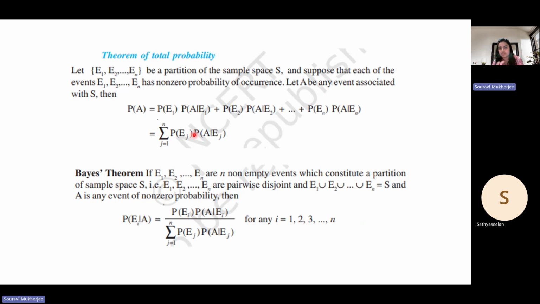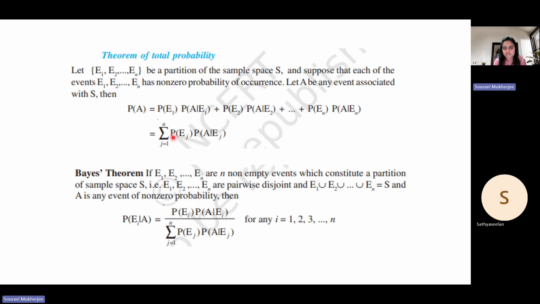It had a similar concept involved there. So this theorem of total probability says that if there are different events E1, E2, all of that, each with some probability P(E1), P(E2), P(EN), and then there's another associated event A. So for each of the events E1, E2, E3, you can find P of A given E1, P of A given E2, P of A given E3, dot, dot, dot. Then what is the total probability of occurrence of A?